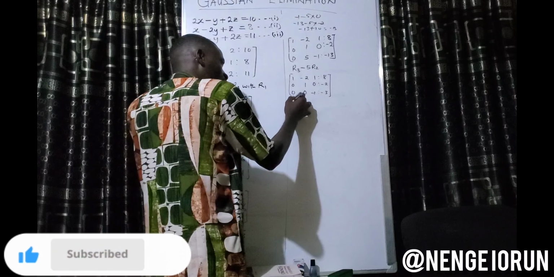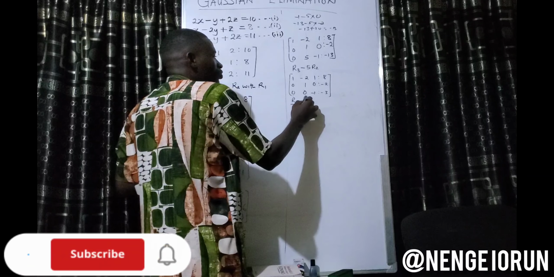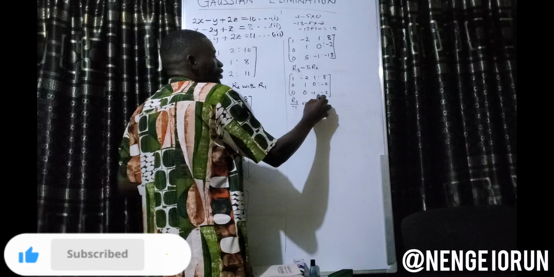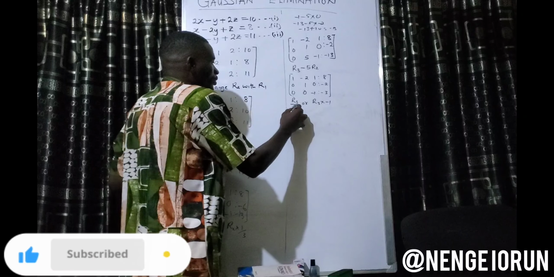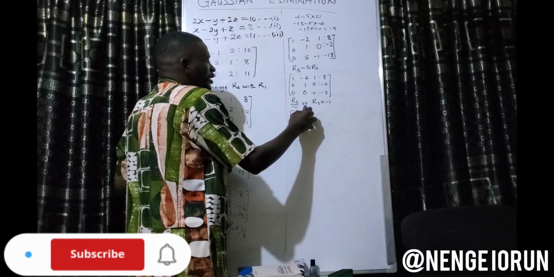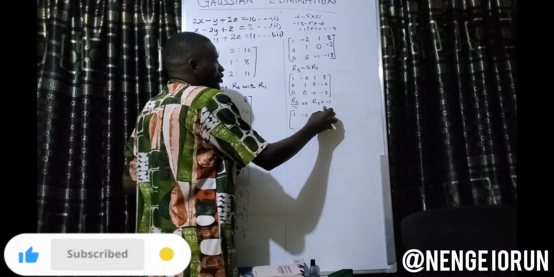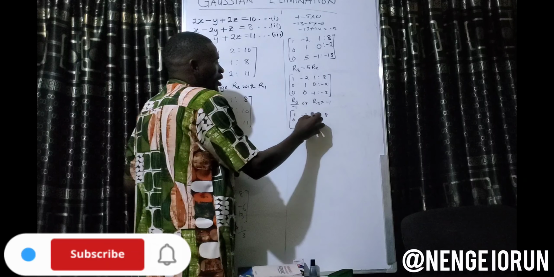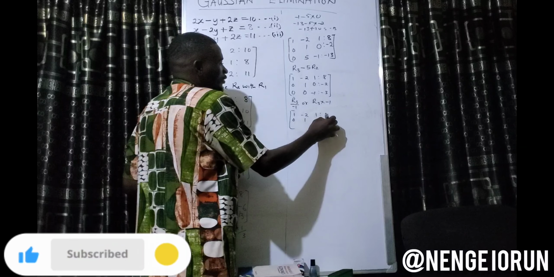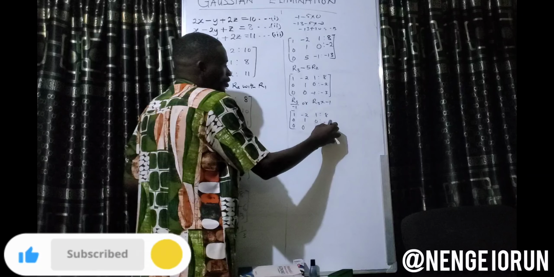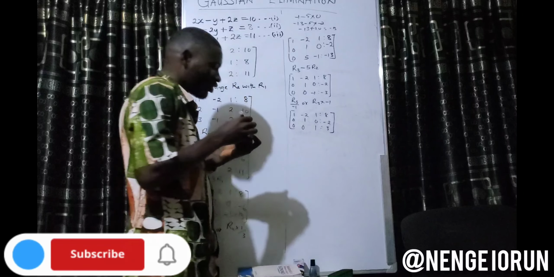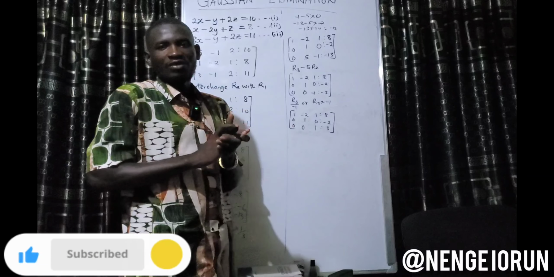So you will have 1, negative 2, 1 dot 8, 0, 1, 0 dot negative 2, 0, 0, 1 dot 3. So we have gotten what we are looking for.